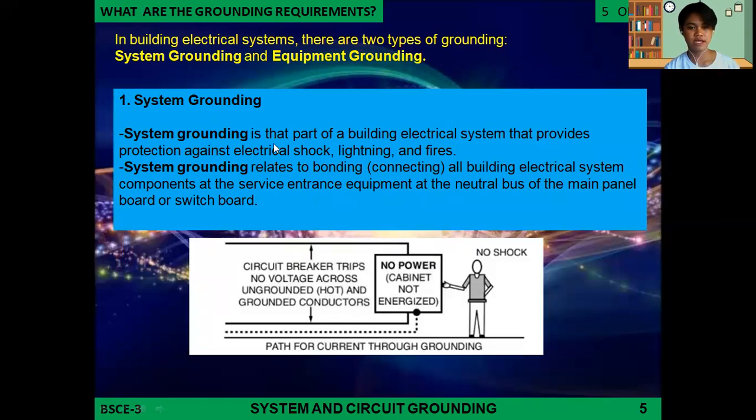System grounding is that part of a building electrical system that provides protection against electrical shocks, lightning, and fires. System grounding relates to bonding, connecting all building electrical system components at the service entrance equipment at the neutral bus of the main panel board or switchboard.